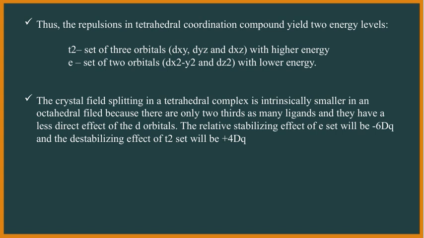This difference in ligand number and position means that the stabilization of the E set is represented by a value of -6 dq, while the destabilization of the T2 set is represented by +4 dq. Understanding these energy differences helps us see how the geometry influences the electronic structure and stability of these complexes, which ties back into the overall theme of how ligand arrangements affect their properties.